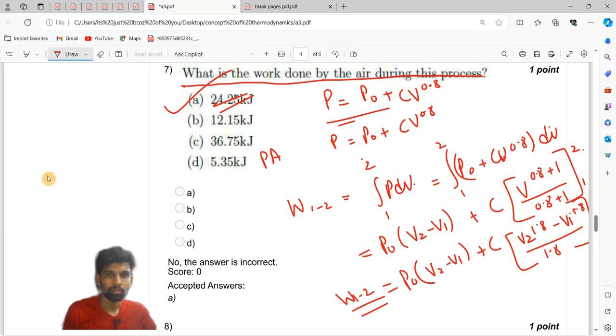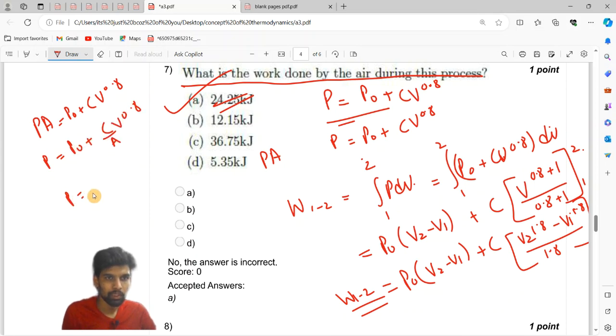Even if I had multiplied it with area, P naught plus c times V raised to power 0.8 would equal P naught plus c1 times V raised to power 0.8. So only this constant will change, and the way to calculate this constant will not change.